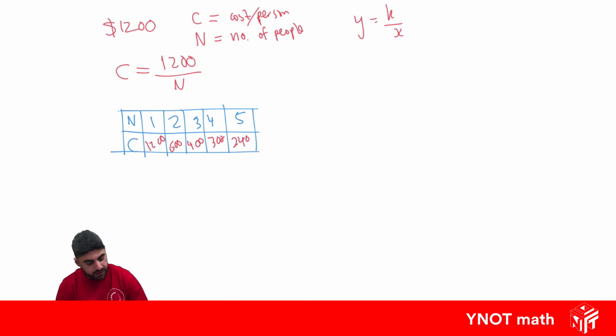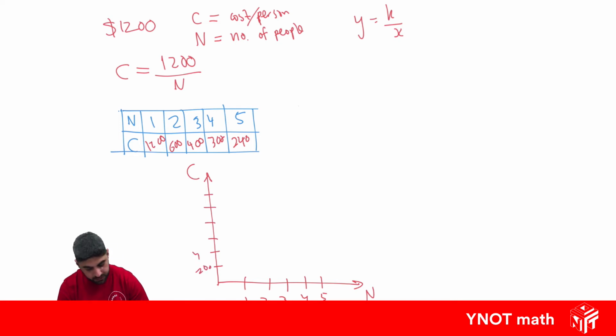And let's see if we can plot this out on a graph. So C on our y-axis and N on our x-axis, 1, 2, 3, 4, 5. Again, you'll use a better scale than me here with a nice ruler. Okay, let's go up by 200s. Alright, and let's start plotting out what we've got.